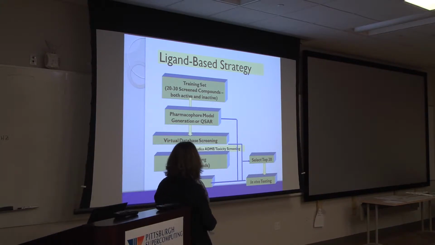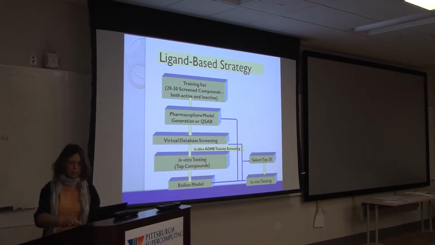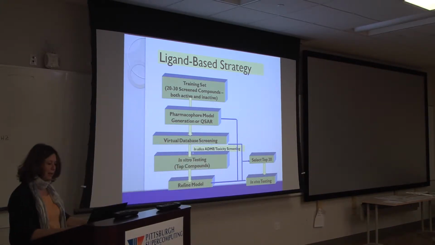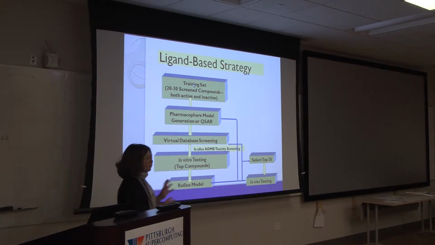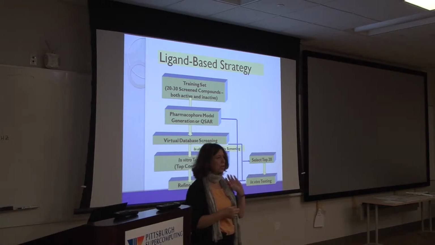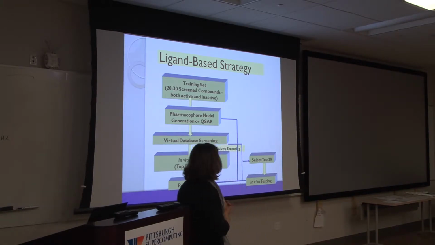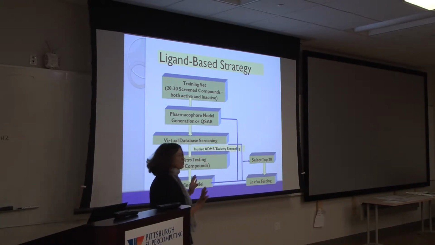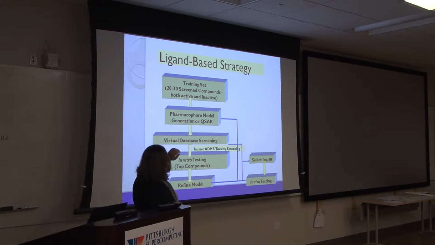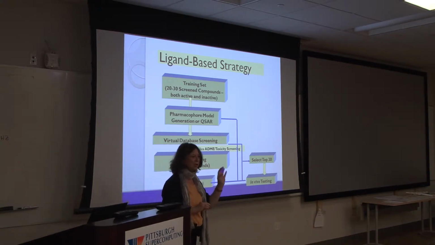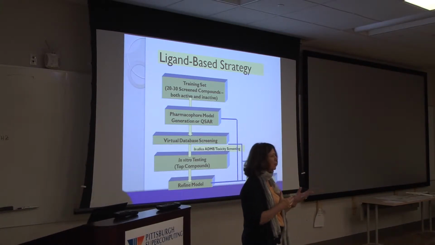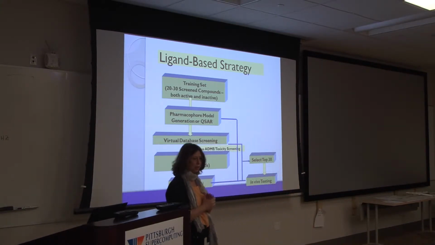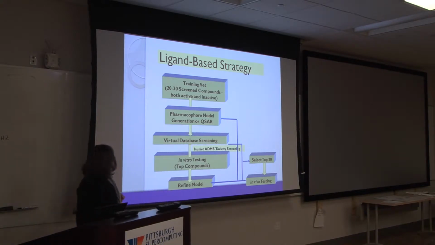You start with some data, for example, from the literature, from our experimental collaborators. Now, you know that for a given disease, you have 20, 30 compounds that have shown some desirable activity. They are not perfect, but they are a good starting point. Okay? Usually, that's the starting point.